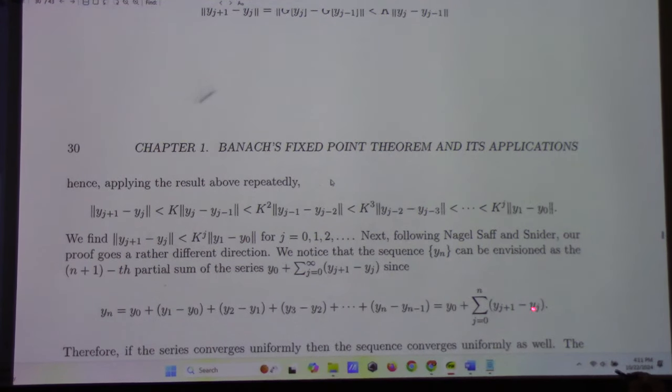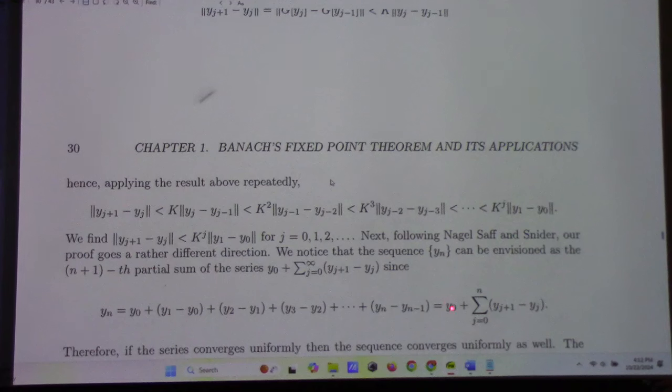So every so often you'll hear somebody say that any sequence can be rewritten as a telescoping series. This is why that's true, because this is a general algebraic identity. You can do this for any sequence if you want. I don't know why you'd want to, but maybe the reason is what we're about to do. What this means is that if the series converges uniformly, then the sequence converges uniformly, because they're the same thing, just with an additive constant, right?